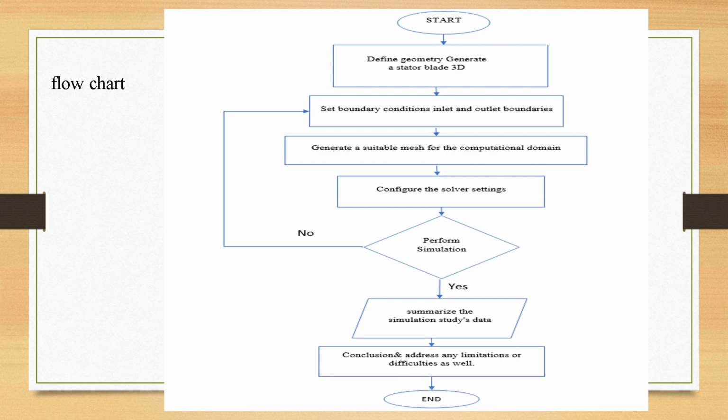If no, we go back to set the boundary conditions, inlet and outlet boundaries. If yes, we go to summarize the simulation study data, and then conclusion and address any limitations or difficulties as well, and then the end.